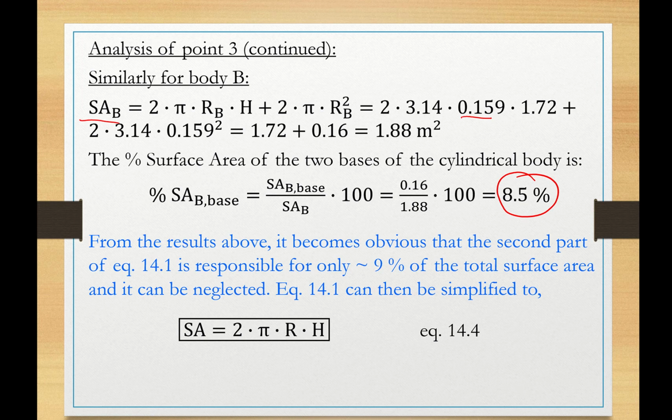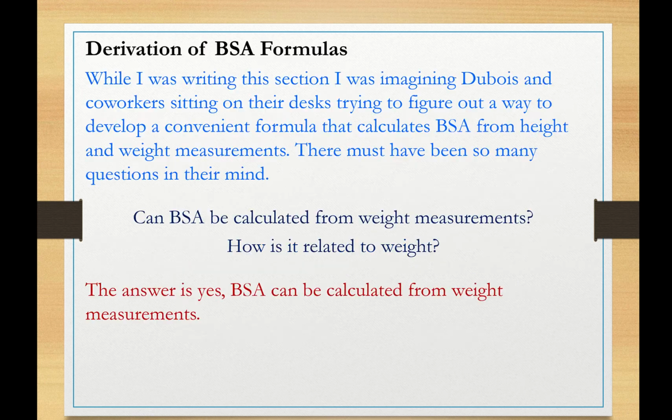And therefore our equation becomes surface area equals 2 pi R H. Since the bases contribute only 10%, we're just going to eliminate them from the equation. Now all we have to do in order to derive our equations is to factor in the body surface area, the weight and the height at the same time.